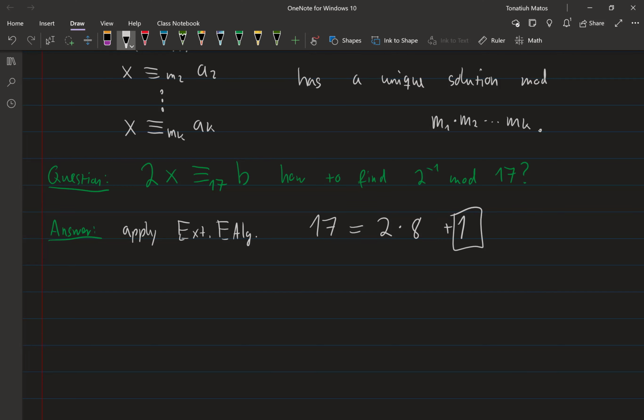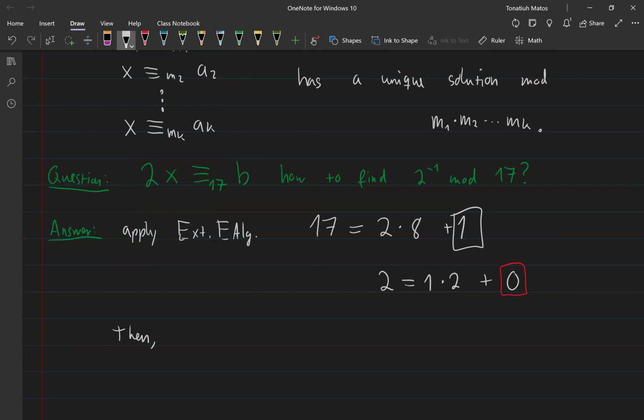The extended Euclidean algorithm stops immediately because I already found a remainder of 1. The next step would have been to take the number 2 and divide it by the last remainder, and then I get a remainder of 0. This always happens, and this is why we skip this step, because it doesn't give us any information.